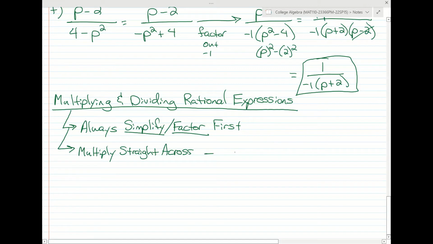What this means is if you have a fraction times another fraction, you do this times this and then this times this.